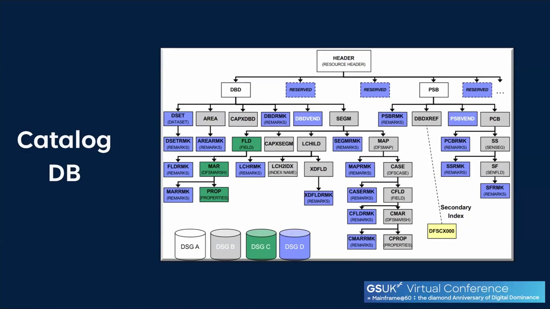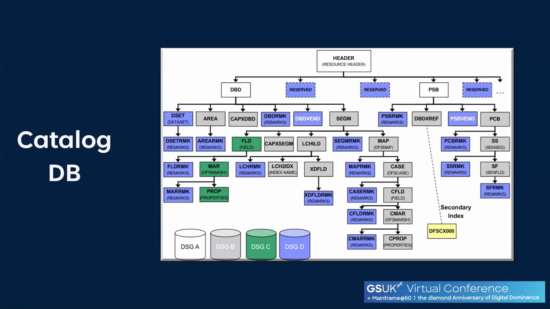And on the right hand side, the hierarchy consists of all those macros which you generally define on the PSB side. One more interesting thing is that there are four dataset groups in this. This is an HALDB database, so you have four dataset groups, DSG A, B, C and D. Interestingly, they are color coded for some reason. The first one is white, the second is gray, the third is green, and the fourth is purple.